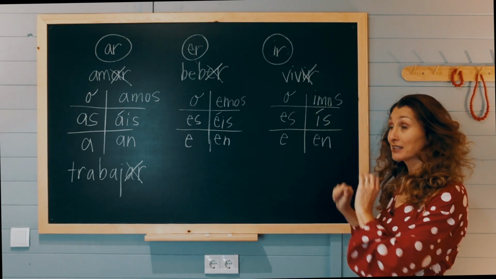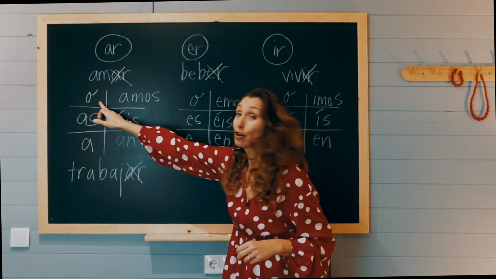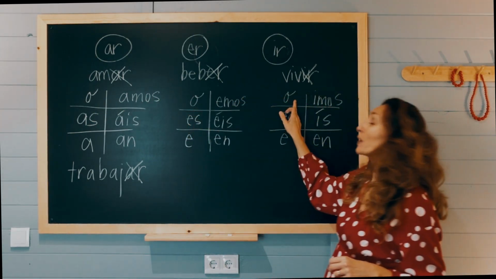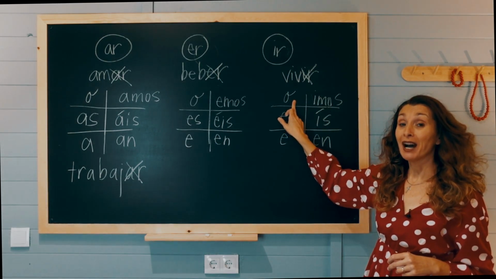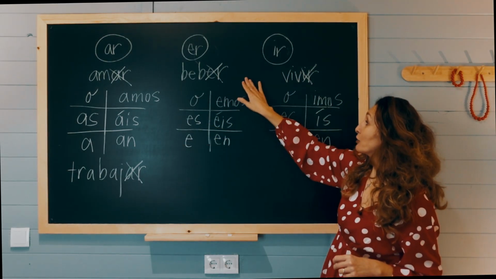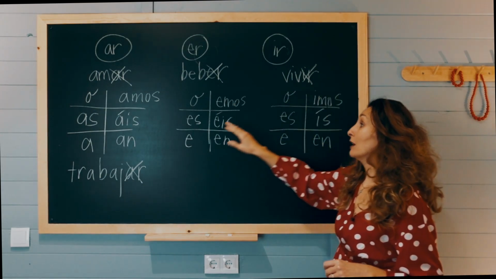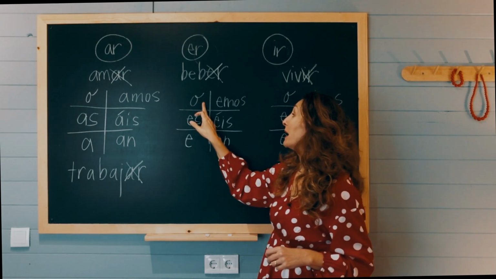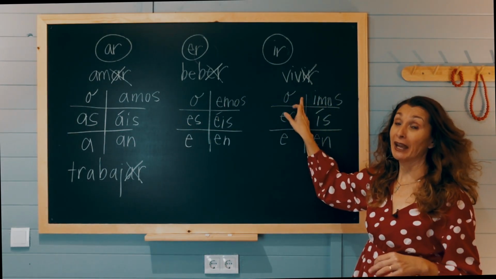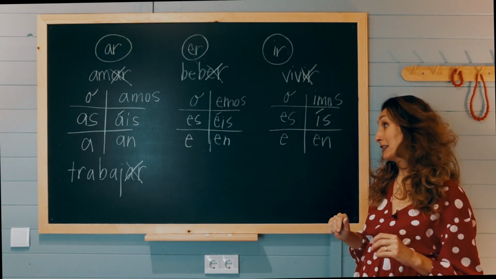Okay? As you can see, yo always ends with o. I love, I drink, I live, all these end with o. Amo, bebo, vivo.